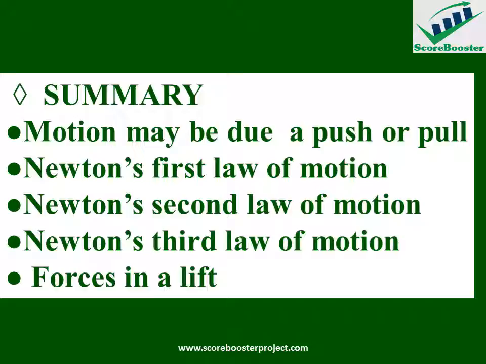The third condition of the lift we talked about was when the lift is descending or moving down. In this case, the tensional force is going to be m(g - a). And the fourth condition of the lift is when the lift is falling freely. When it's falling freely, the tensional force is going to be 0.